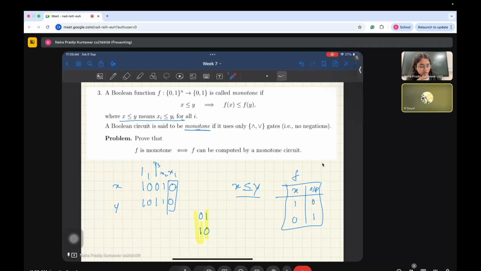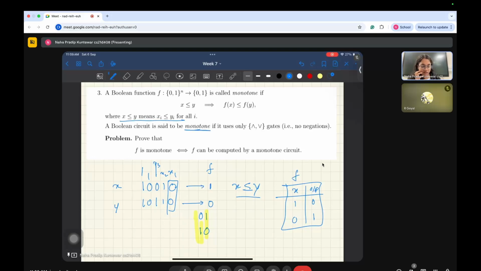This description is just to define the left hand side: when do we say that x is less than or equal to y? But the function is monotone if, for every pair of x and y where this happens, and the function was computing a value of 1, it cannot be that it suddenly becomes a 0. That is what it is saying.